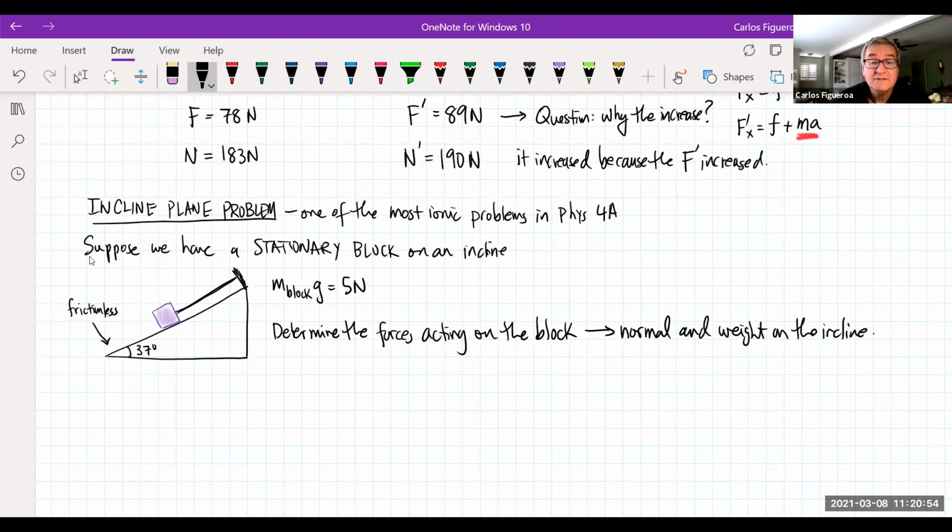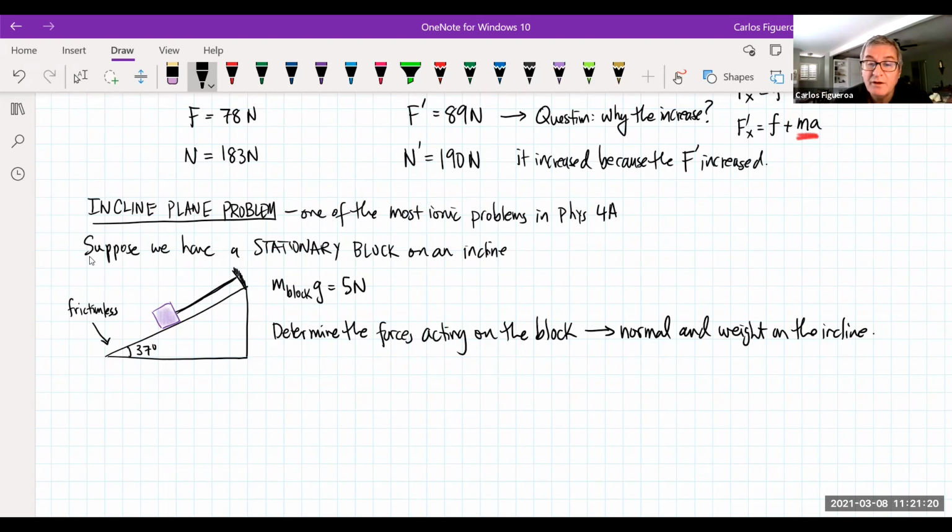One of the things we know is that as soon as we say this thing is stationary, we must have balanced forces. From some of our previous discussions, I stated that it was best to choose a coordinate system where the motion of the block lies along one of the axes.